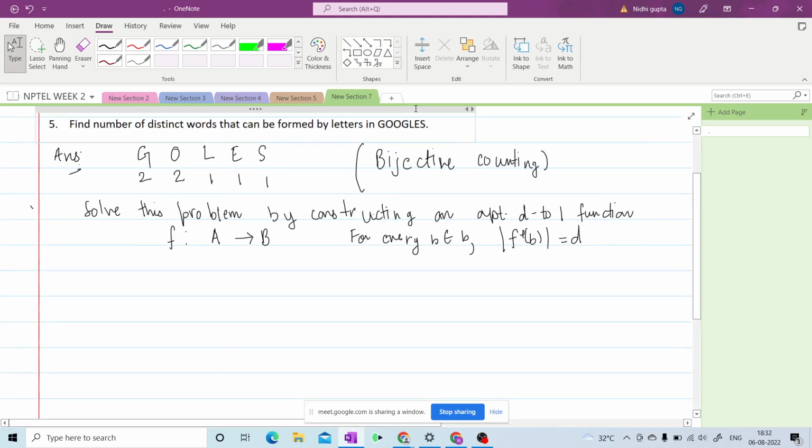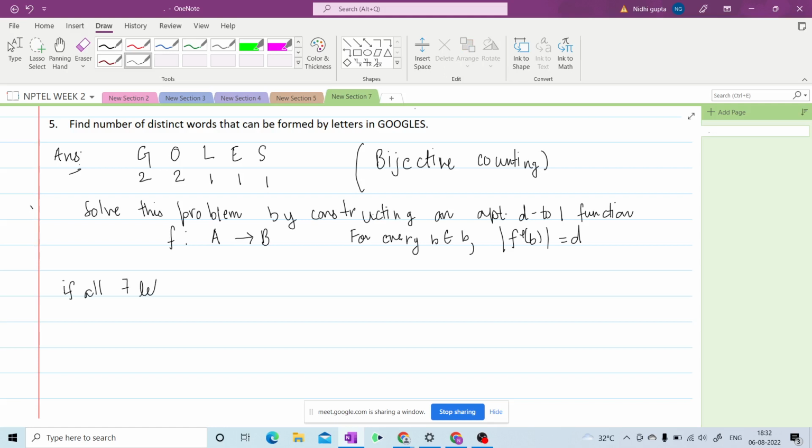So first of all, if all these letters were distinct, how many letters do we have? 2, 4, 5, 6, 7. 7 letters. If all these letters were distinct, how many distinct words do we have?